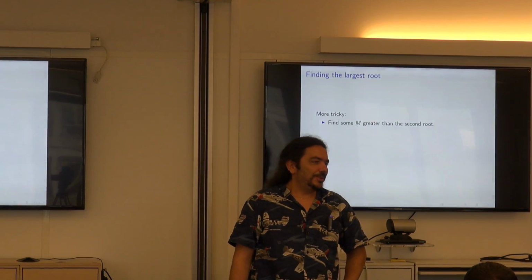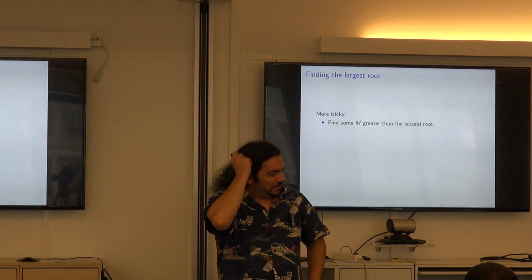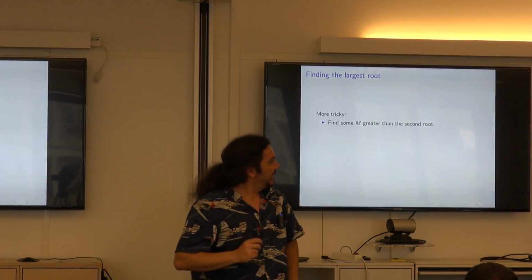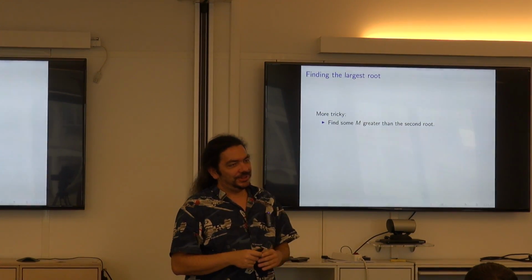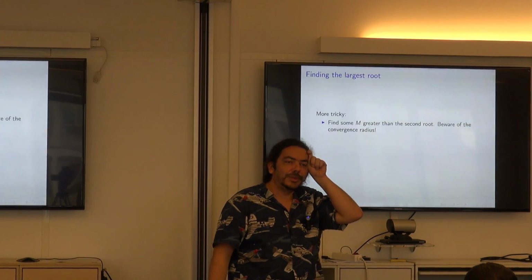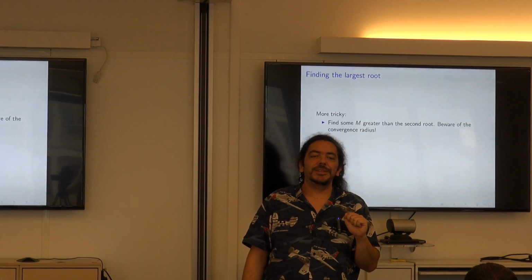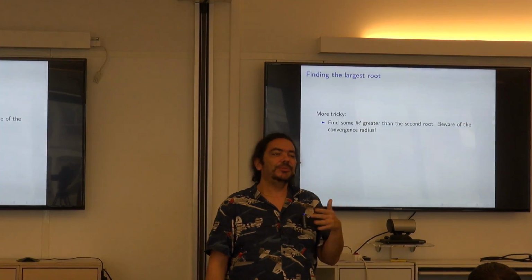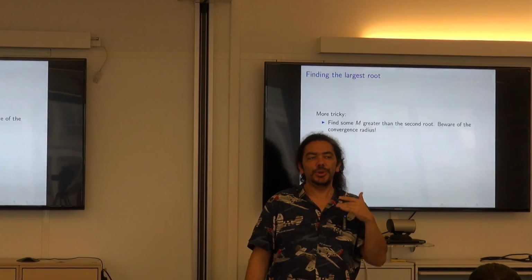Largest root, when I had to do the computation, it took me a lot of time to get it right, because you've got this thing which is called the convergence radius. That means that f of x may lead to very, very strange results if you go too far.